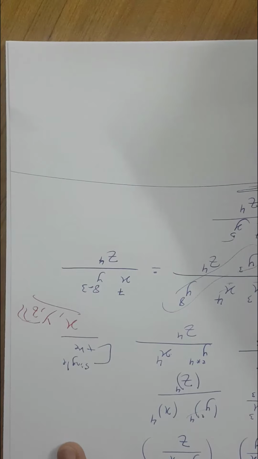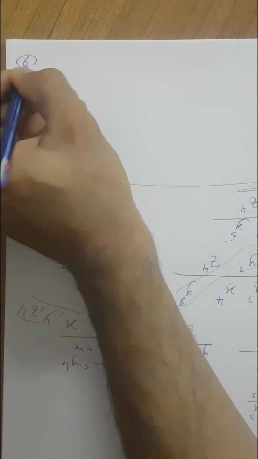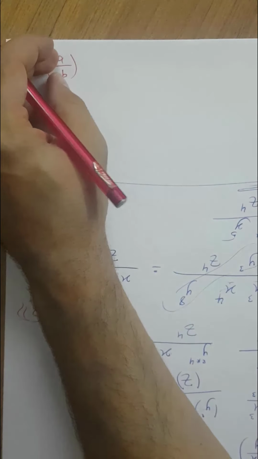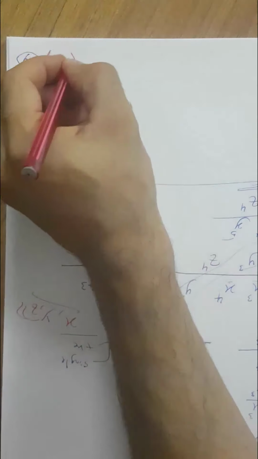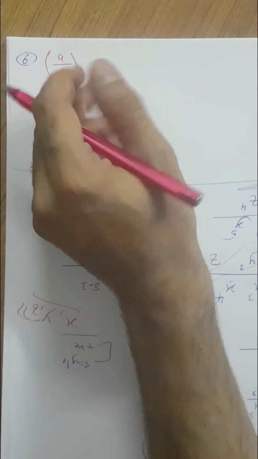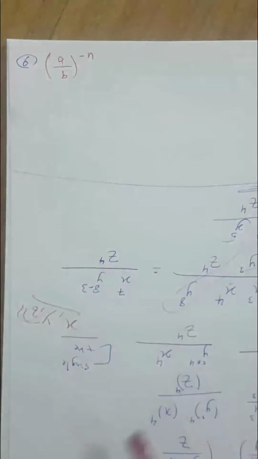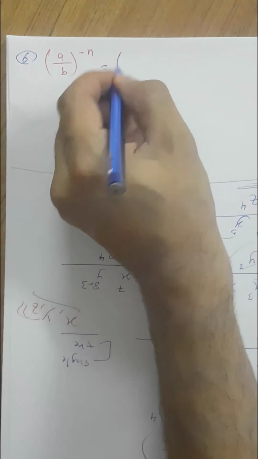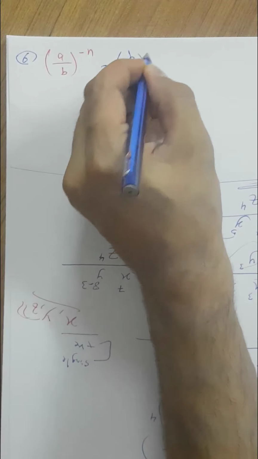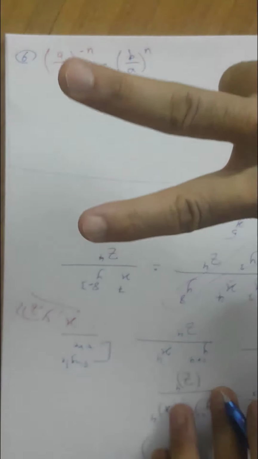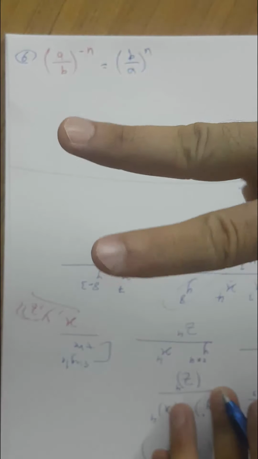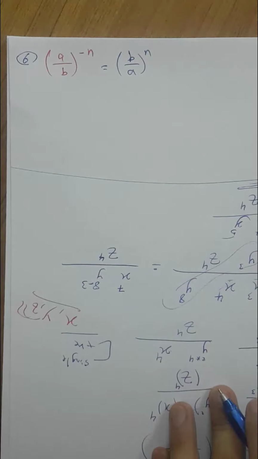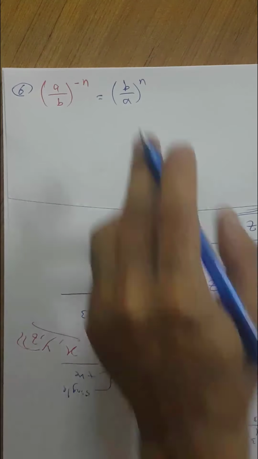The sixth law: we have a over b, a fraction with a big parenthesis and exponent minus n, any number. So you can deal with this one as b over a to the n. So try to turn them upside down, reciprocal them, swap them between up and down. So it is equal to b over a, to the n.